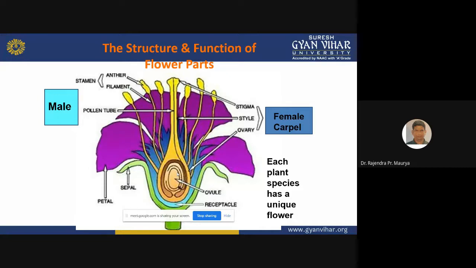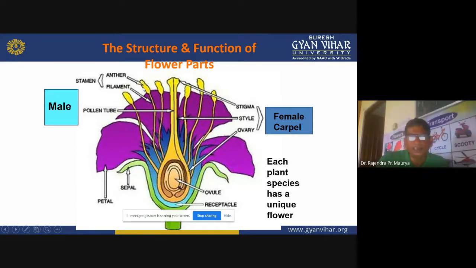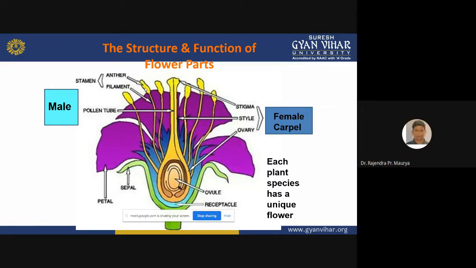Now, on the left hand side, you can see this long structure. This one is the filament, and this yellow colored structure is the anther, and this anther contains the pollen grains.